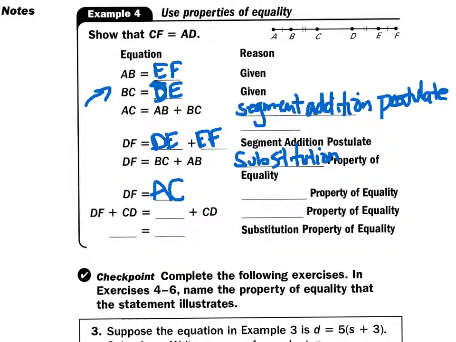And then DF equals AC. Okay, how do we know that DF equals AC? Because we have the same thing down here as we have right here, and so we can go ahead and say that AC equals DF because of the transitive property.